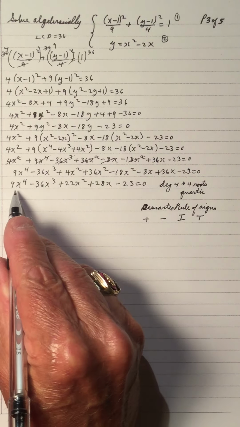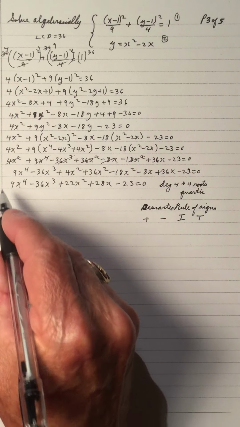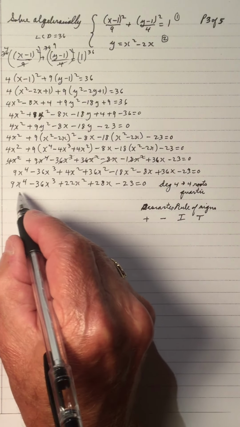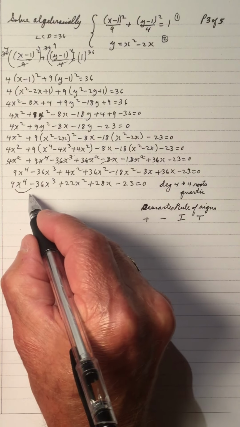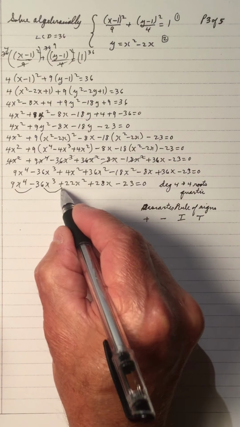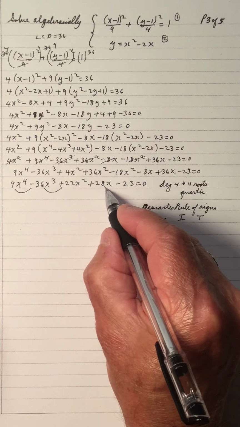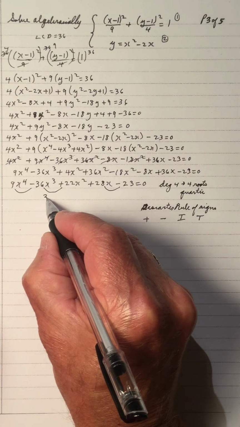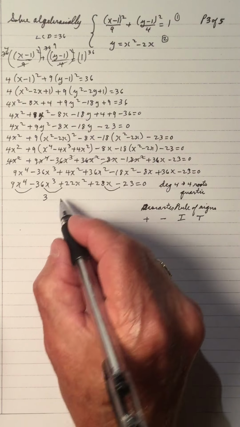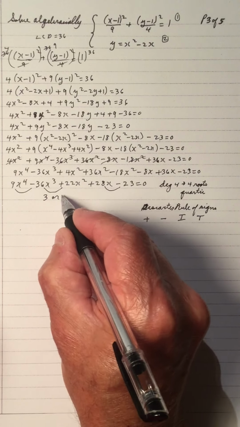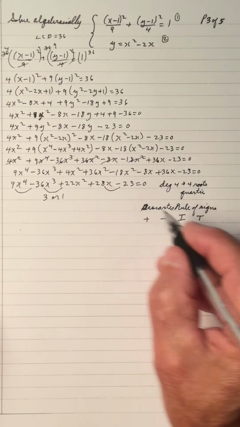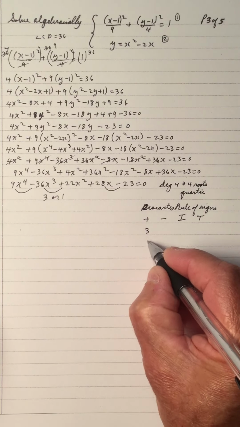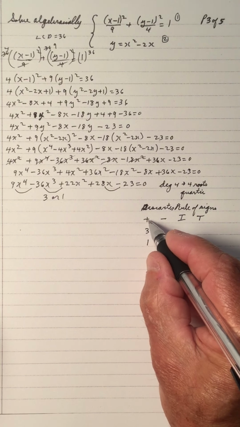When I look right here, I notice this is one change, this is another change, no change here. So we have 3 sign changes. We can have a 3 or a 1. That's the positive ones. So we can have a 3 or a 1 for the positive real roots.